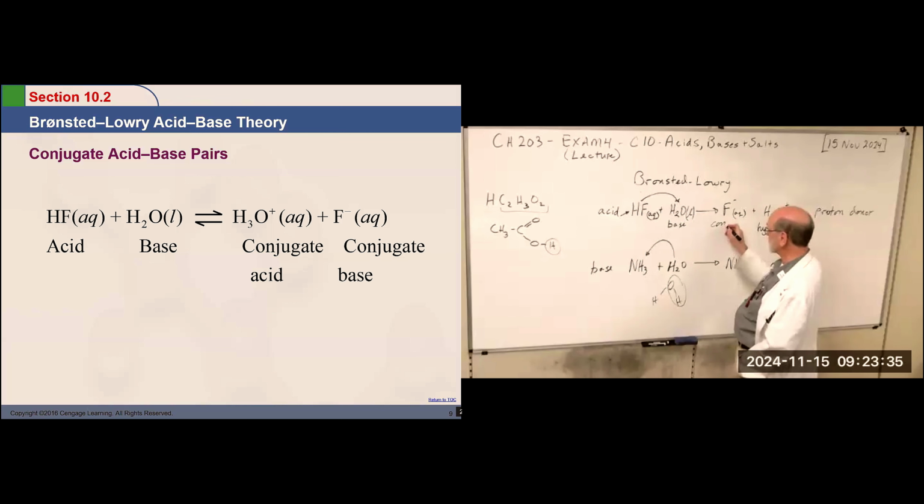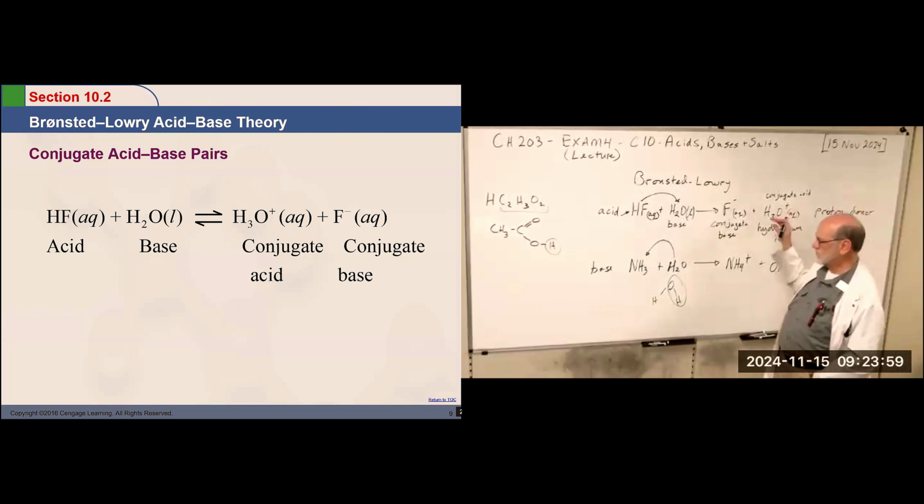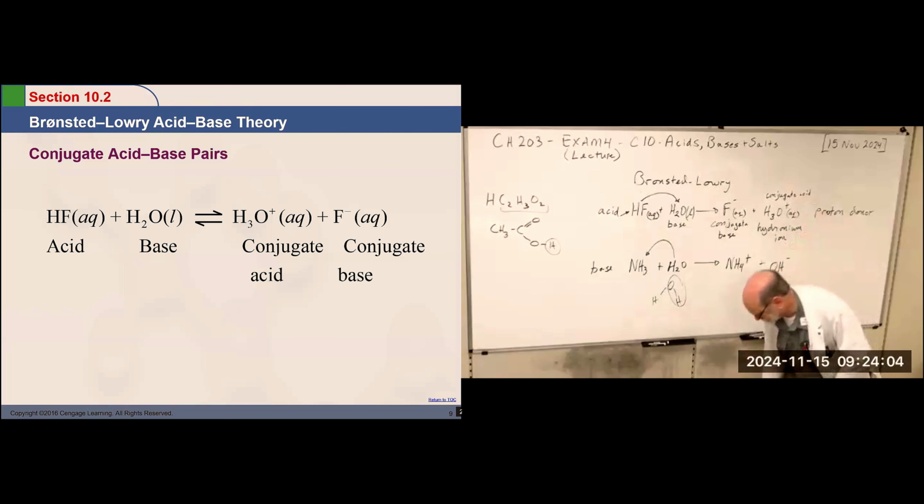So to distinguish them, conjugate base of the acid. That makes this one the conjugate acid. Okay? Just so that when we say conjugate, we mean product. Okay?